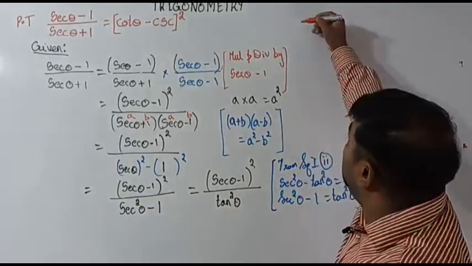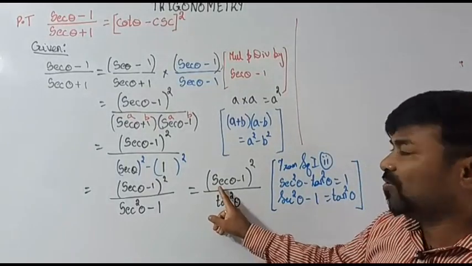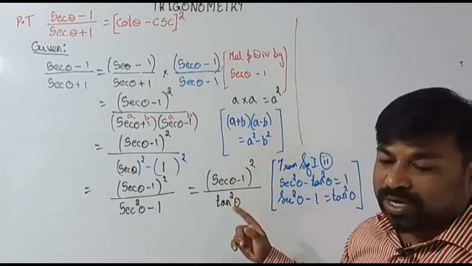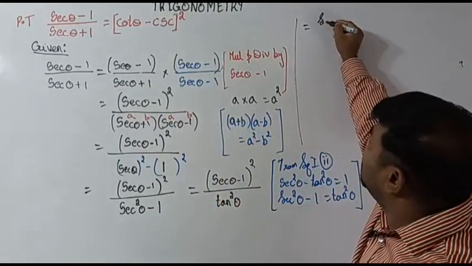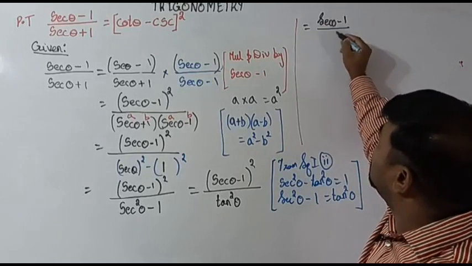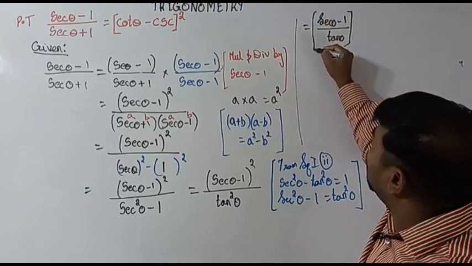Now, if you check where we have reached till here, in the numerator we have secant theta minus 1 whole square by tan square theta. So in a planned way, I am writing it like this: secant theta minus 1 by tan theta whole square.